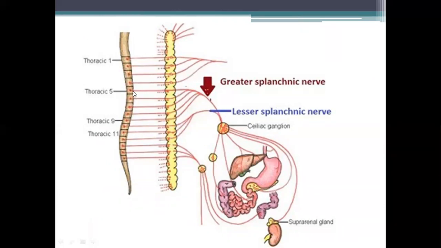As we see here, the greater and the lesser splanchnic nerves end at the celiac ganglion, sometimes also the suprarenal ganglion. The renal ganglion or renal plexus is not as prominent or important as the greater or lesser splanchnic nerve.